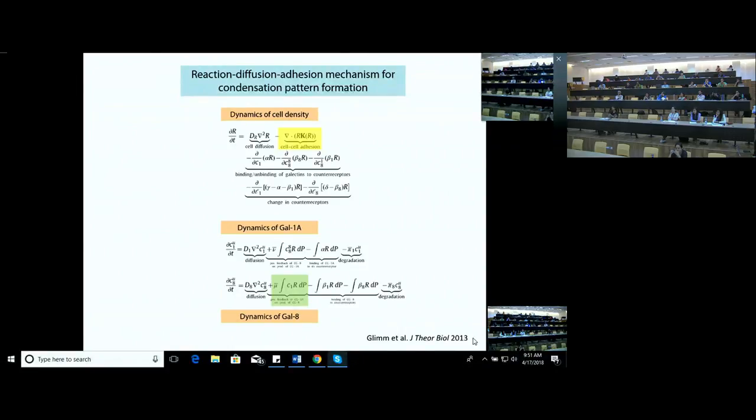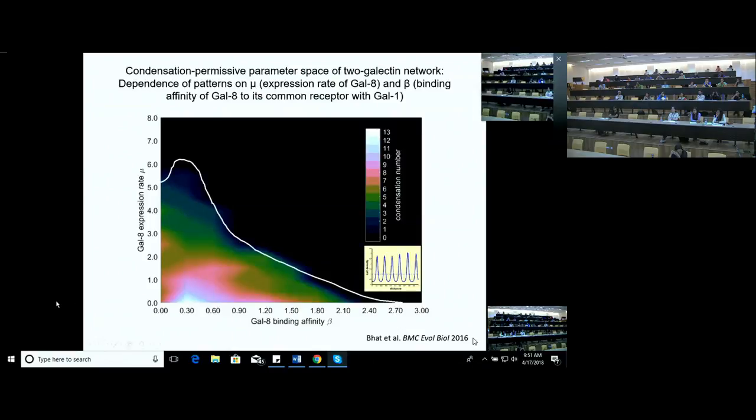Okay. Now we look at this heat map, and here is the galectin-8 expression rate, mu, and here's the galectin-8 binding affinity, beta. Here are the kinds of patterns that form. And you can see that in most places on this two-dimensional space, we get either 0 or very few elements.